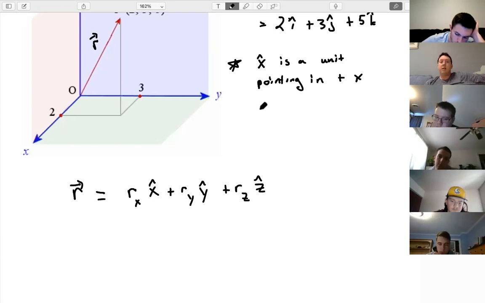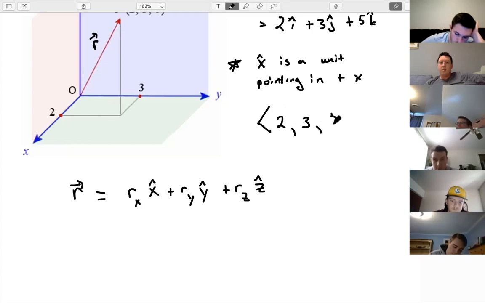I should also remind you, Stephanie wrote vectors. She would have written this as 2, 3, 5. Is that how she would have written it in linear algebra? Who did you take linear algebra from? That was with Aaron, right? Yeah. So she probably would have written it as 2, 3, 5.